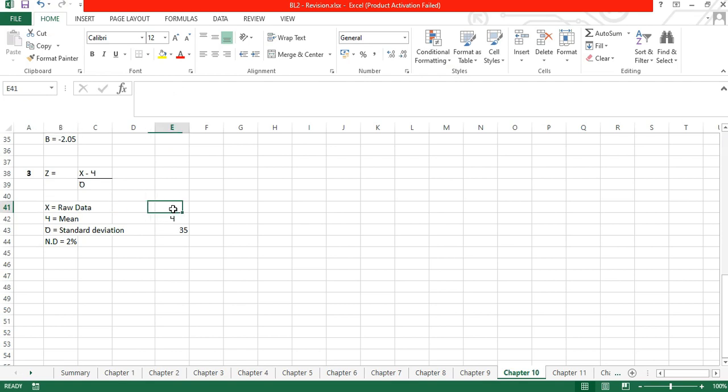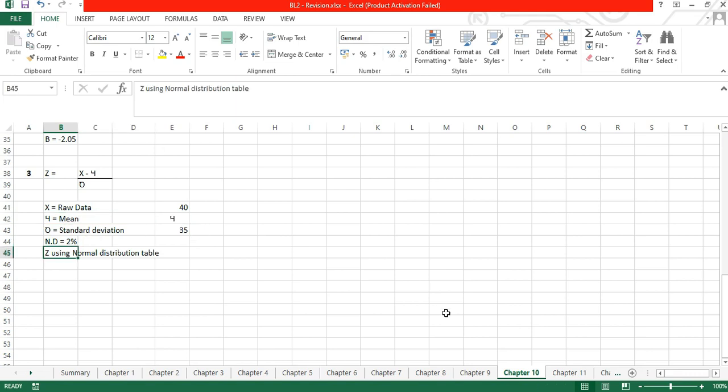So we will have to consider raw data as 40, as per the answer. Now we should find, at a normal distribution of 2%, what will be the z value? If we find the z value using the normal distribution table, then we can solve the equation to find the value of the mean.